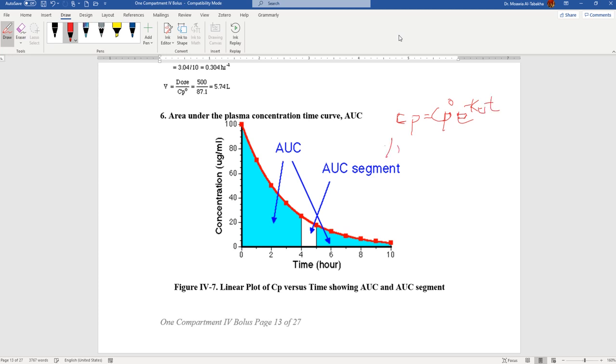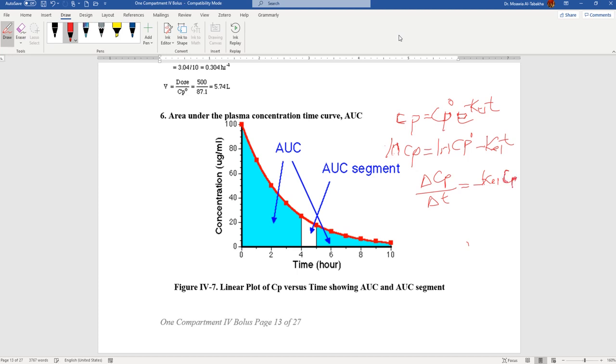Also, we wrote it as ln Cp is equal to ln Cp0 minus Kel times t. Also, we talked about delta Cp divided by delta t is equal to minus Kel times Cp.